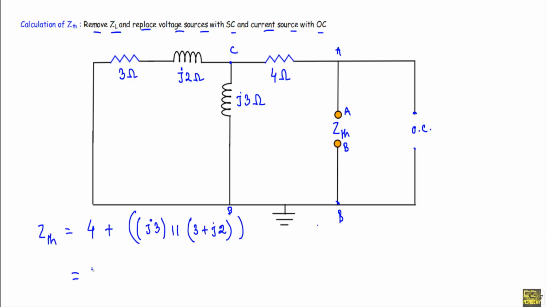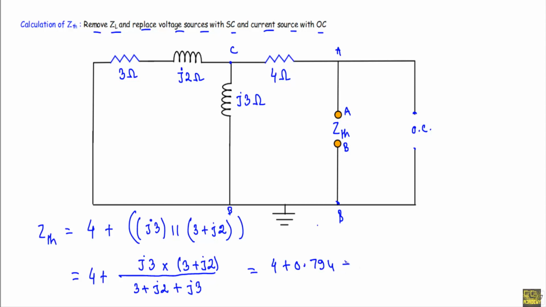This will be equal to 4 plus j3 multiplied with 3 plus j2 over 3 plus j2 plus j3, which will be equal to 4 plus 0.794 plus j1.68.